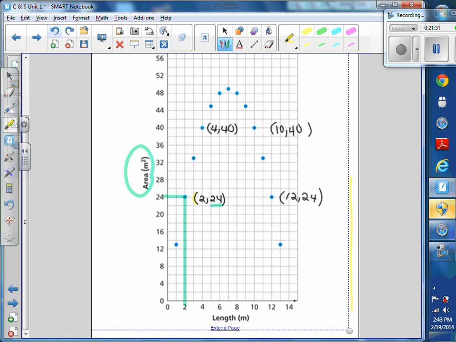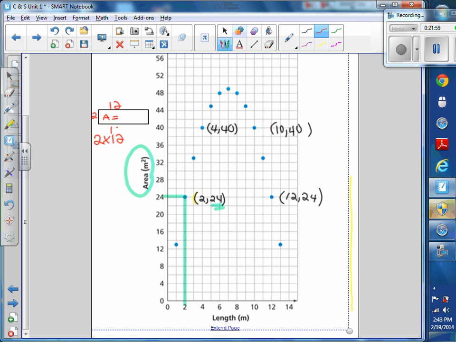So the area is 24. Do we understand that? So if you looked at that picture, it would be a rectangle that was 2 by something that has to give an area of 24. So 2 times what is 24? 12, right? So that has to be 12.